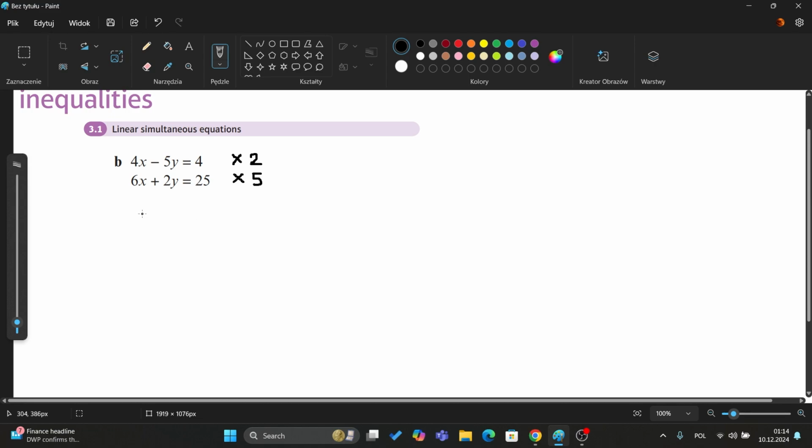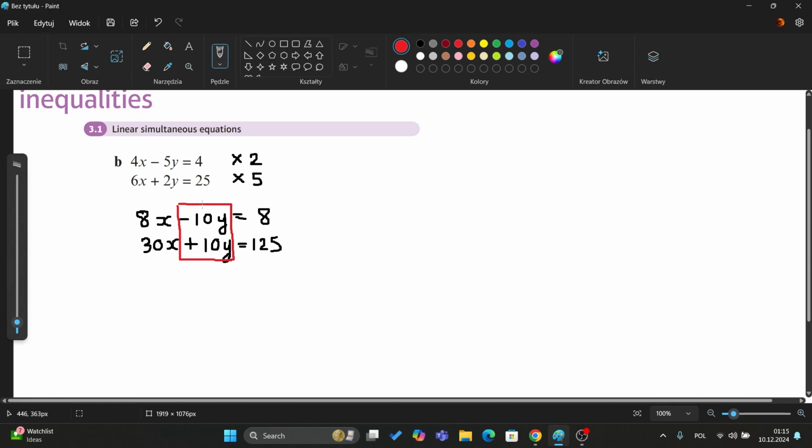If I multiply the whole equation by 2, I get 8x minus 10y equals 8. And if I multiply the bottom equation by 5, I get 30x plus 10y equaling 125.